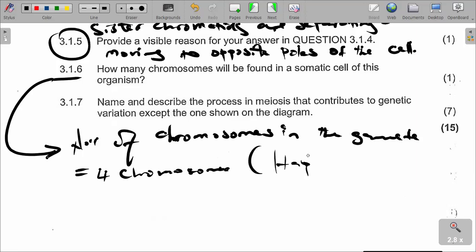This is haploid, which means it is half.